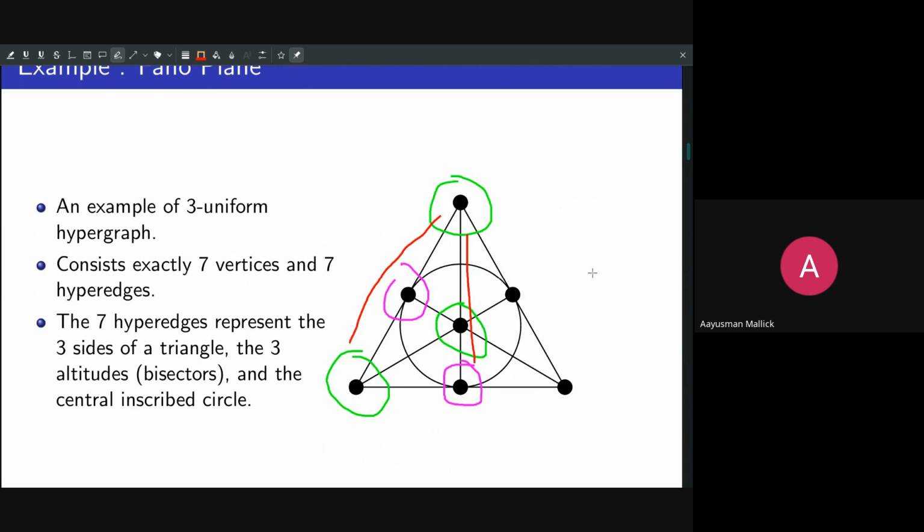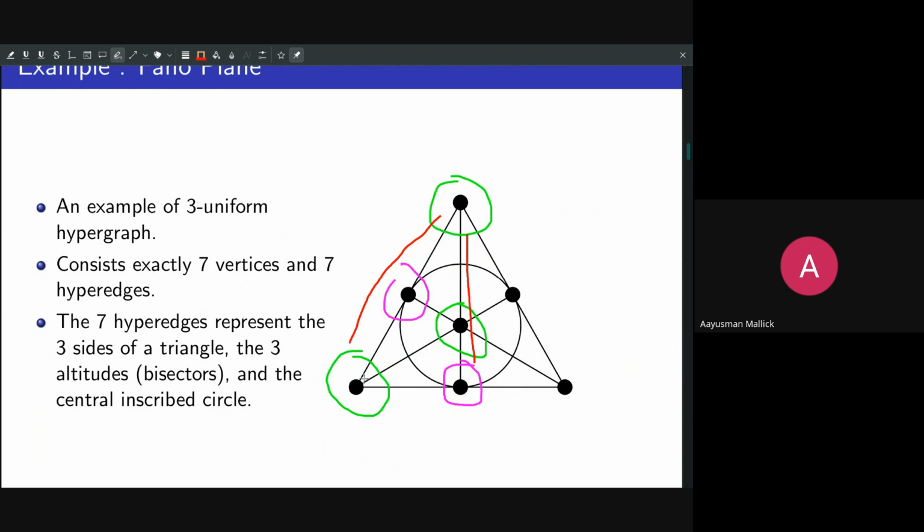When we consider the degree of, suppose, these two vertices of the triangle, or in the case of this hypergraph, these two vertices of the plane, then we count the number of edges in which both of these vertices and some other vertex or vertices are present.